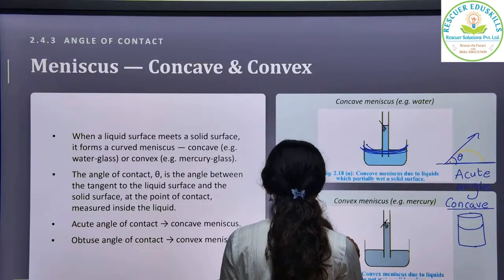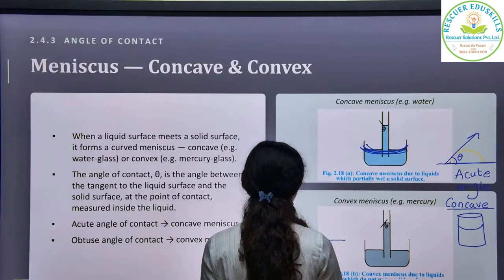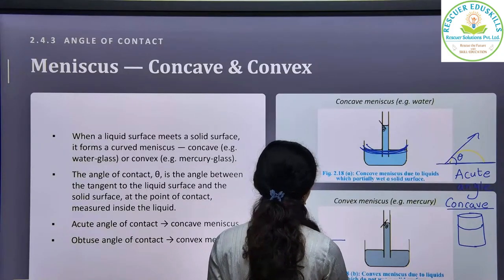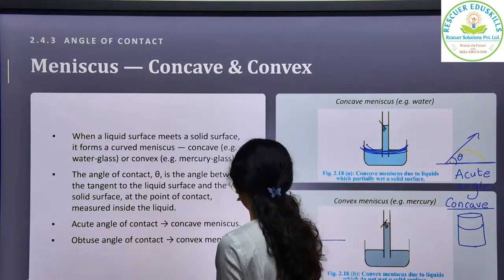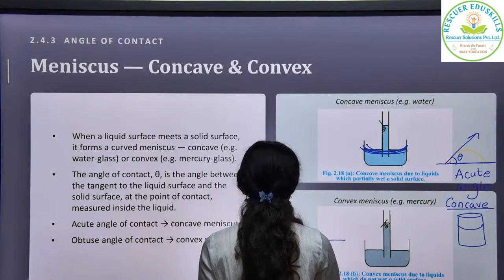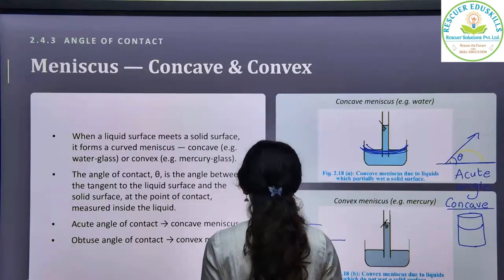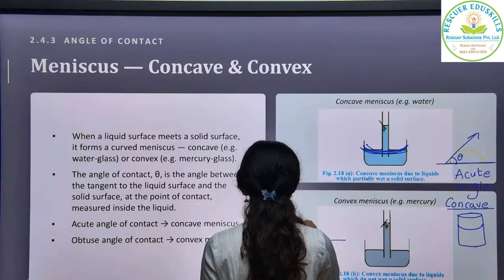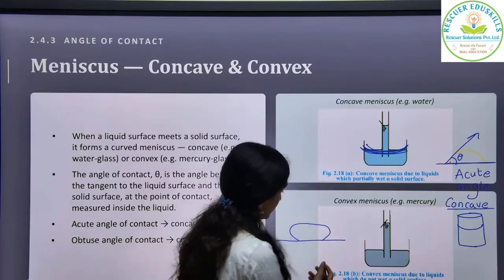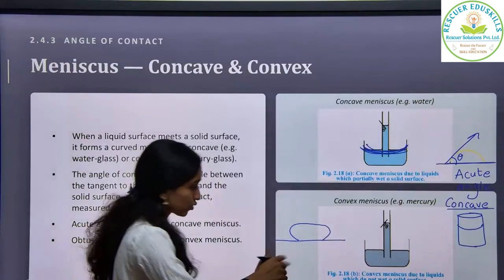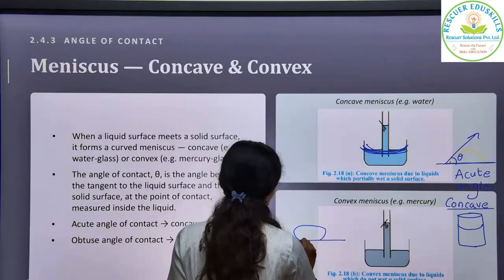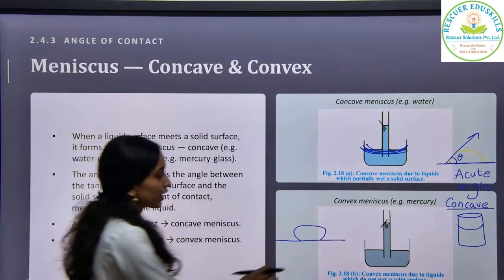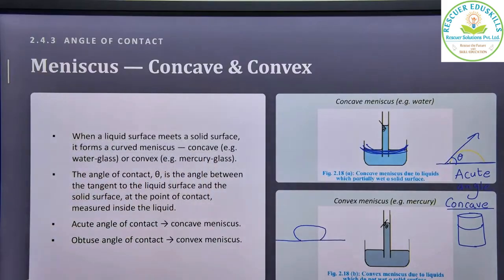So imagine that this is the surface. This mercury drop will look like this.